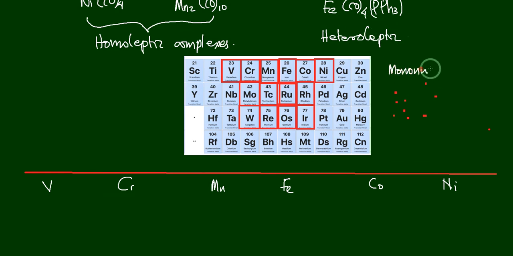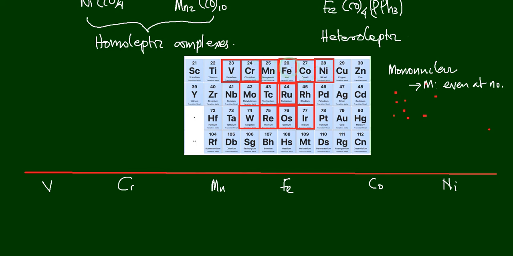So we can check which have the even atomic number: not vanadium, but chromium, iron and nickel.